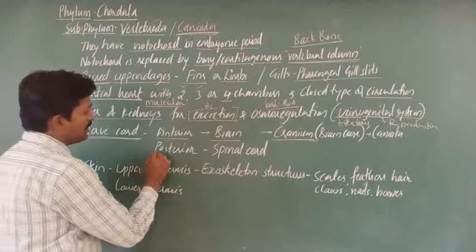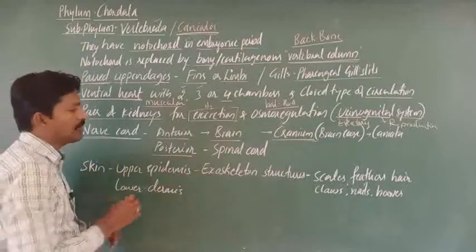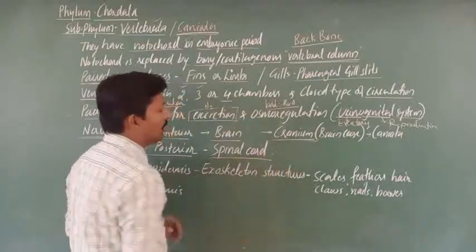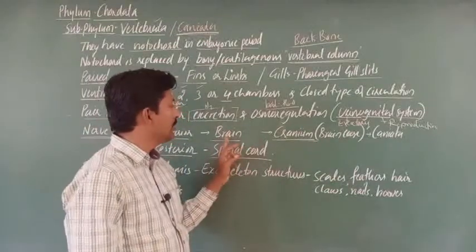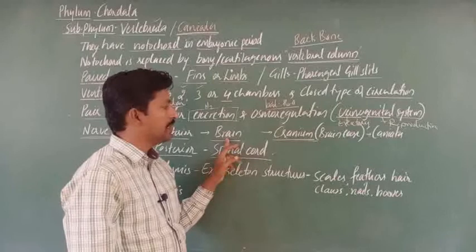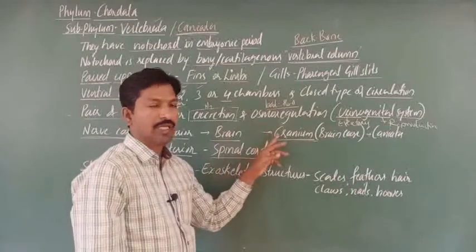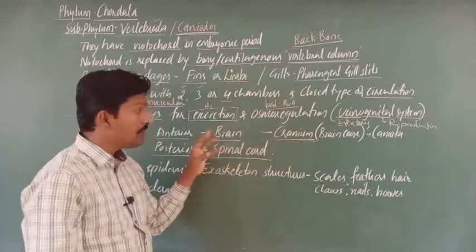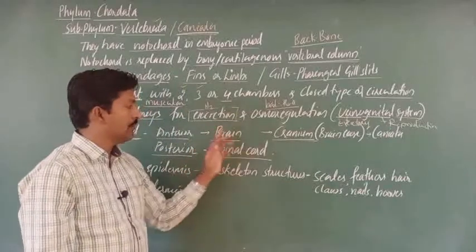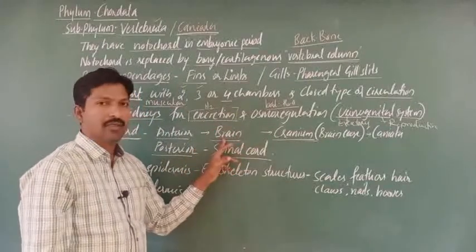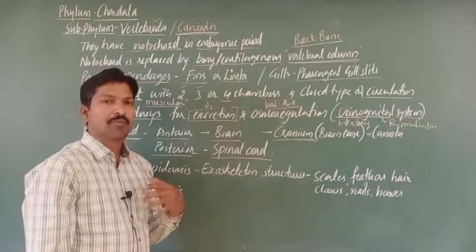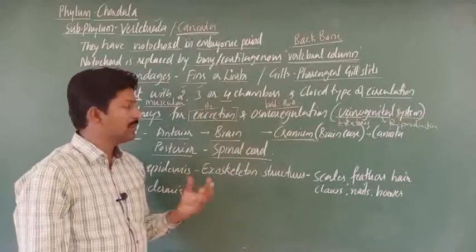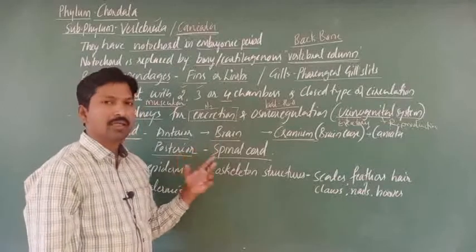And the posterior part of this nerve cord forms the spinal cord, which gives rise to the spinal nerves. The brain is covered by the cranium, and this brain produces nerves. Some pairs of nerves arise directly from the brain and are called cranial nerves.